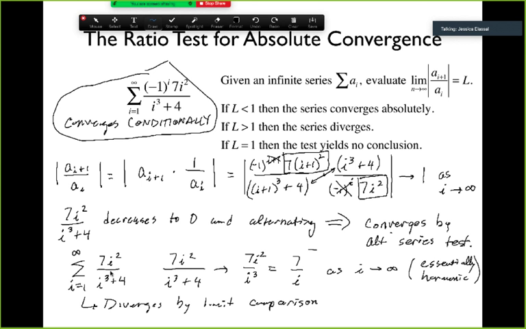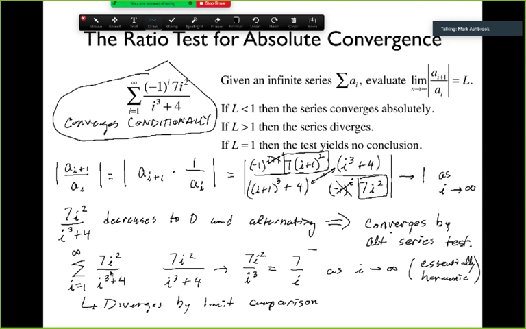I have a question. Sure. So the absolute convergence test, it's telling us that whether or not the alternating part is there, the series will converge. Is that what it's telling us? Absolute convergence means if you take off the negative terms, if you make them all positive and it still converges, then it has absolute convergence.